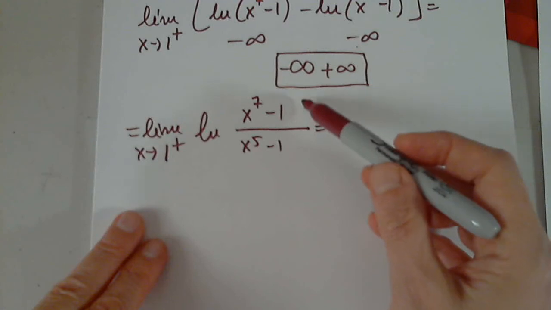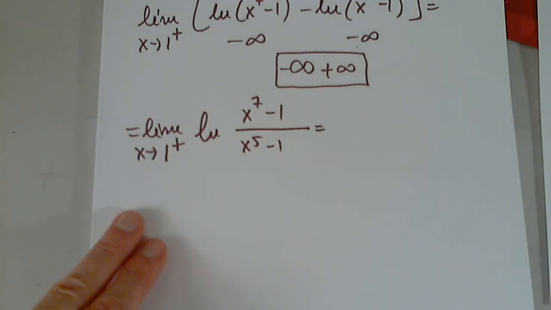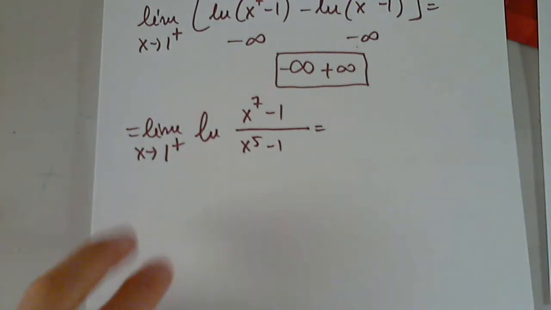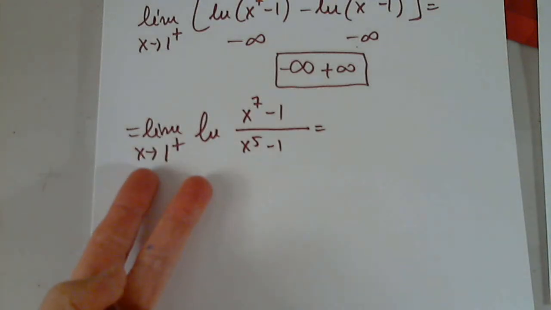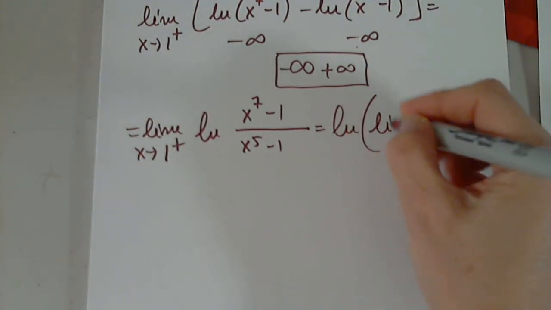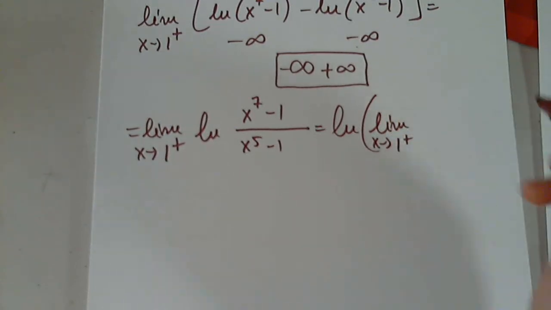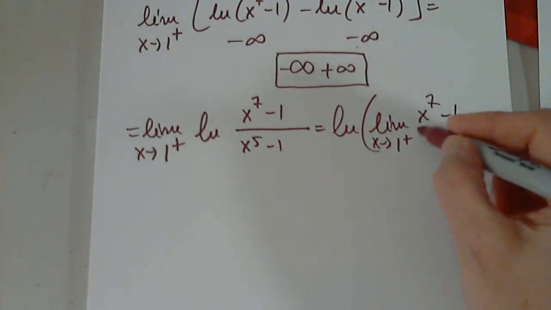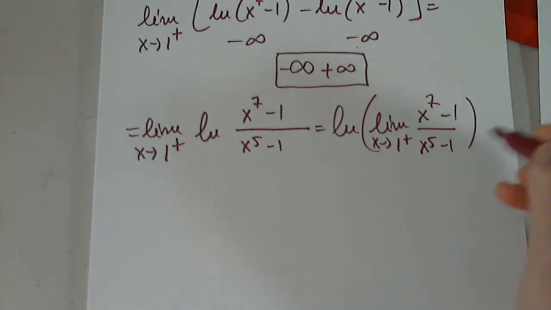The numerator goes to 0, the denominator goes to 0. So at this point, I can swap the operators and have natural log of the limit as x approaches 1 from the right of x to the 7th minus 1 over x to the 5th minus 1.